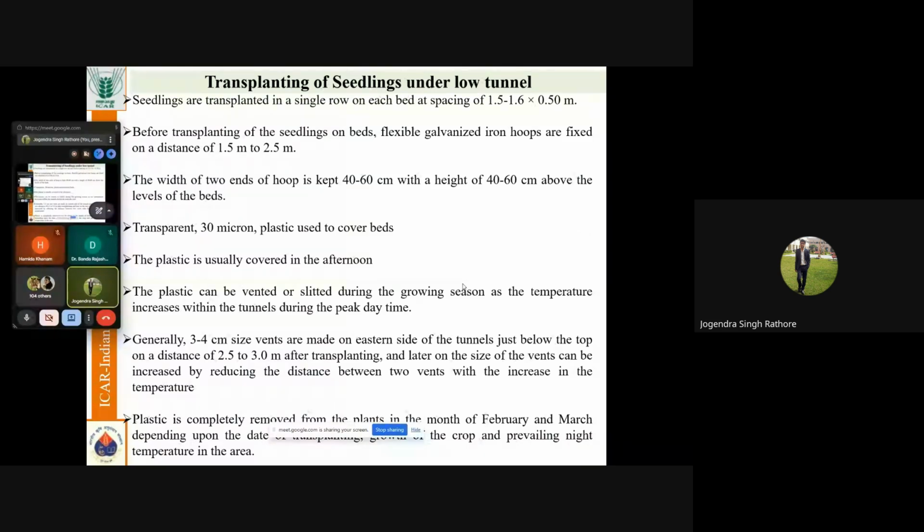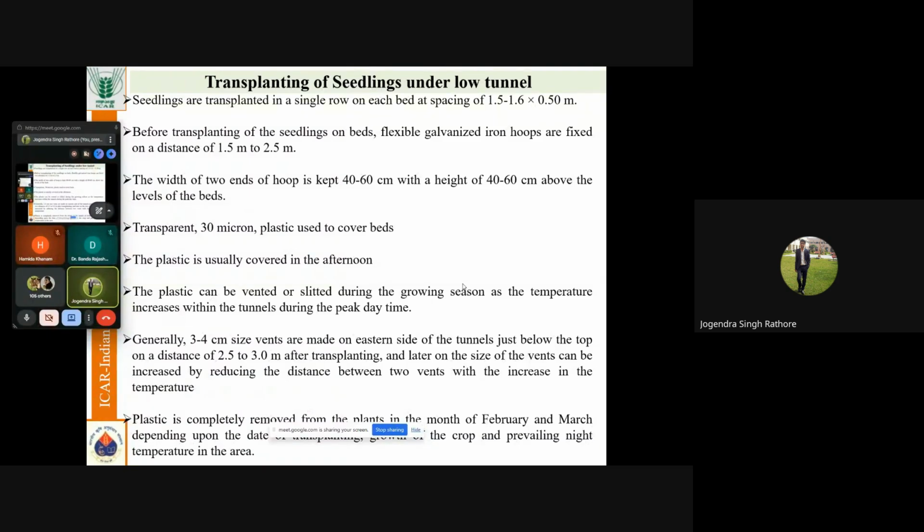Then transplanting under these low tunnels. Seedlings are transplanted in a single row because the low tunnels are constructed on a single row. Before transplanting, the raised beds are prepared, and GI hoops are fixed at a distance of 1.5 to 2.5 meters, and the width between 2 hoops is kept at 40 to 60 centimeters, and the height we already discussed.